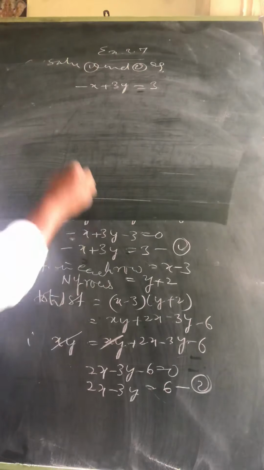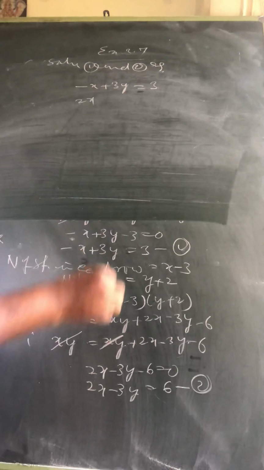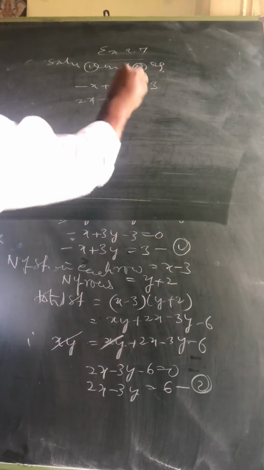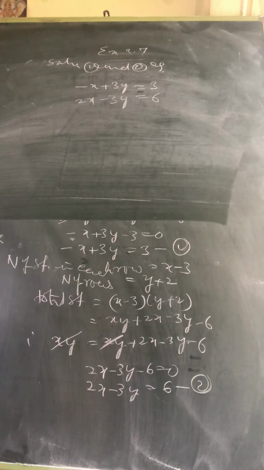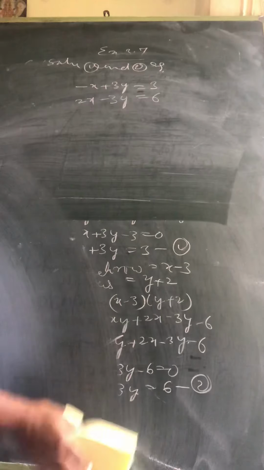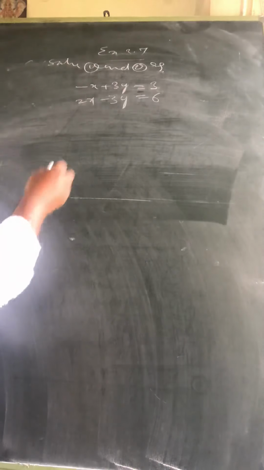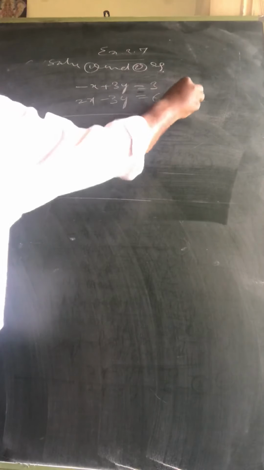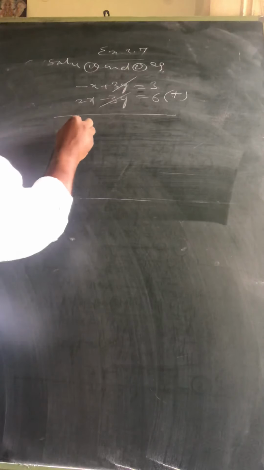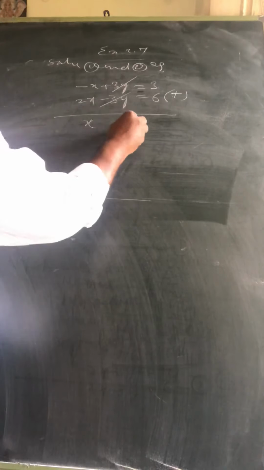The second equation you got is 2x minus 3y is equal to 6. Now you can solve those two equations by the elimination method. How do you do that? By addition. Plus 3y minus 3y cancel. So minus x plus 2x, x is equal to 9.